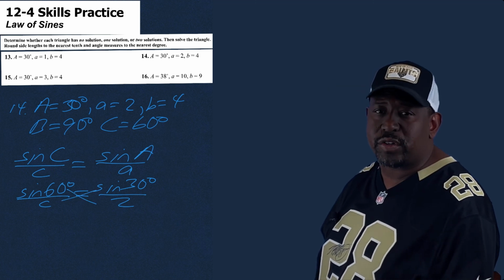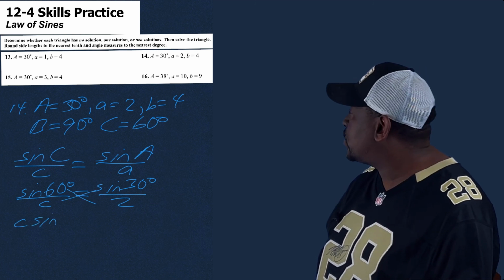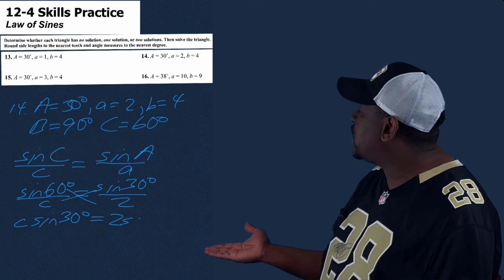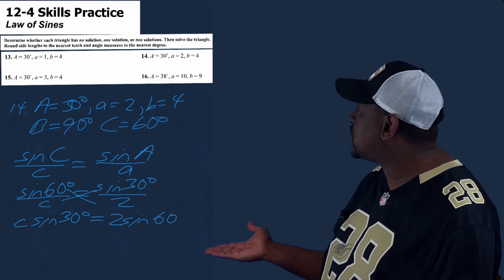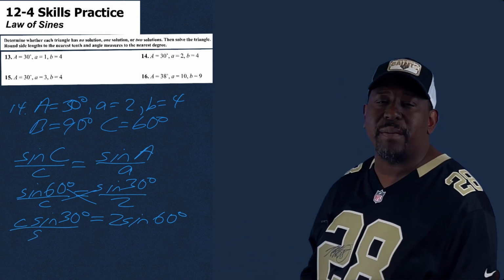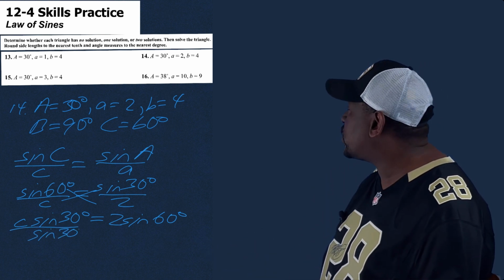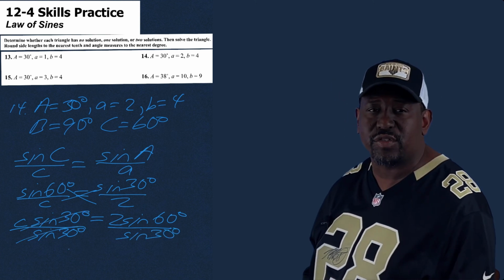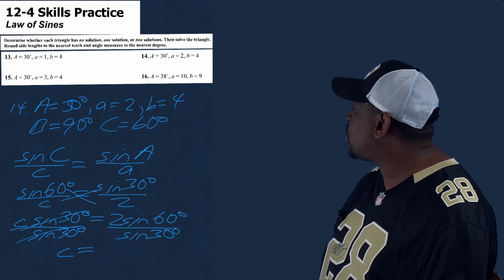We're going to cross multiply like we've been doing. We'll have C times sine of 30 degrees equal to 2 times sine of 60 degrees. We're going to divide both sides by the sine of 30 degrees, and we will solve for C. And so C is equal to 2 times sine of 60 degrees divided by sine of 30 degrees.